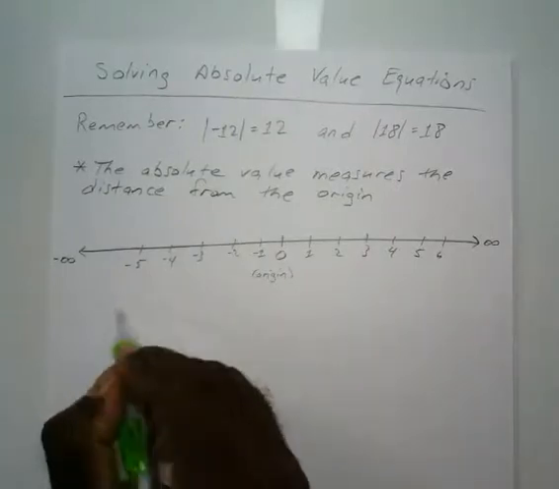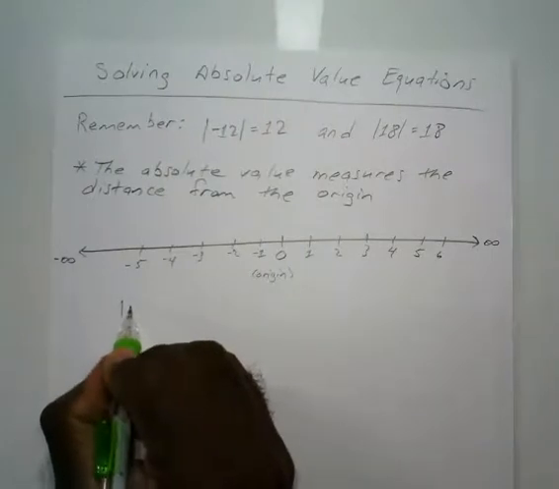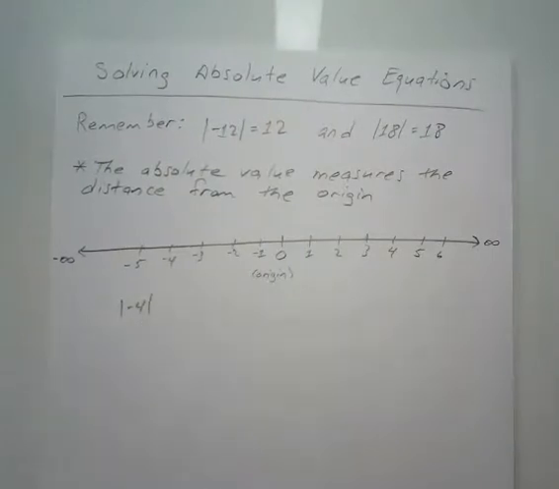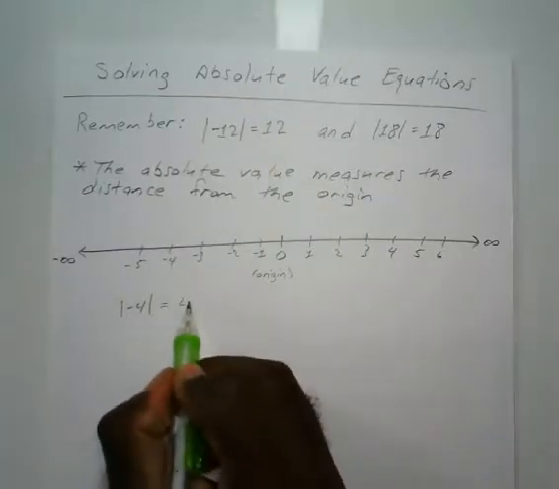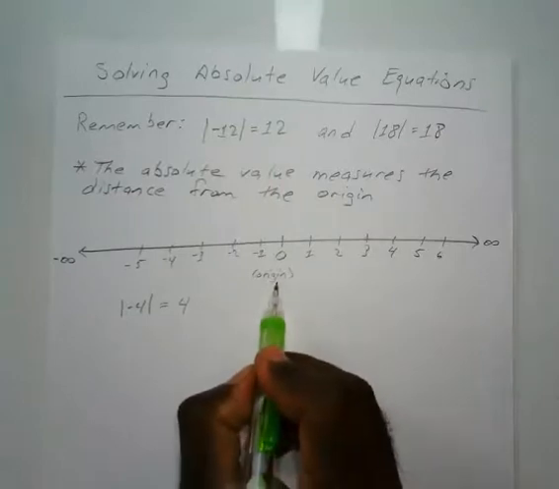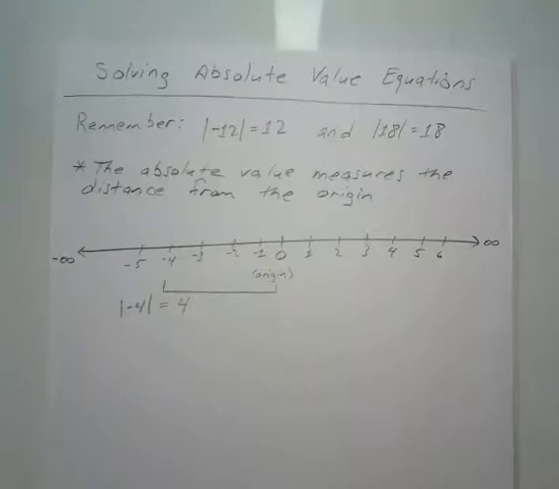Now if we pick a value, let's say the absolute value of negative 4. It is equal to 4 because the distance from 0 to negative 4 is 4 units. It could be 4 feet, 4 inches, depending on what unit of measure you're using.